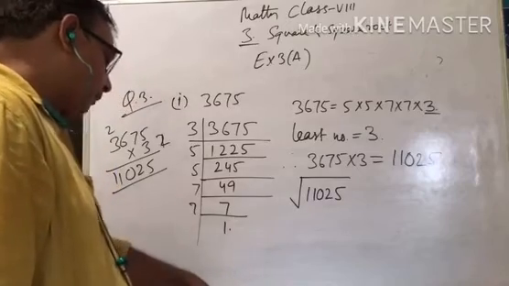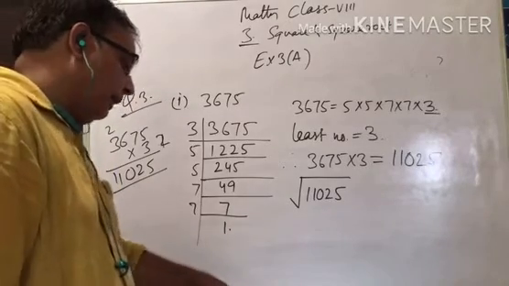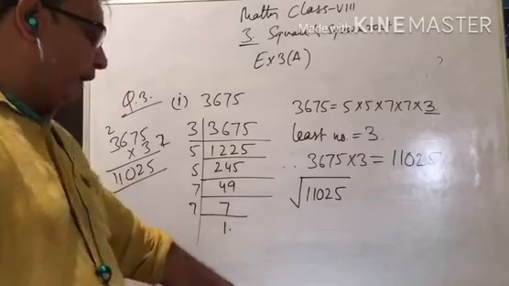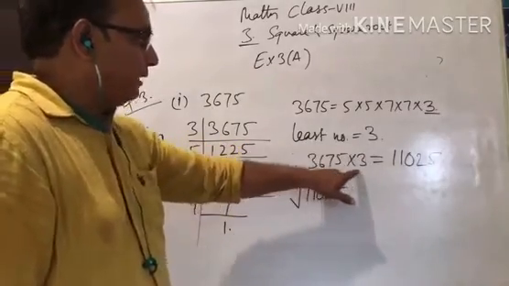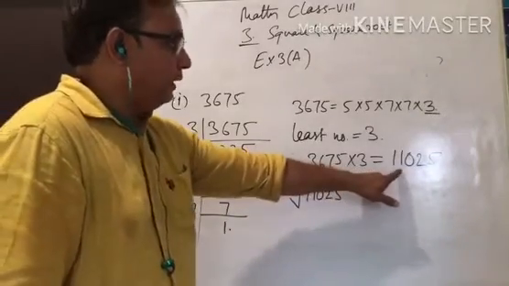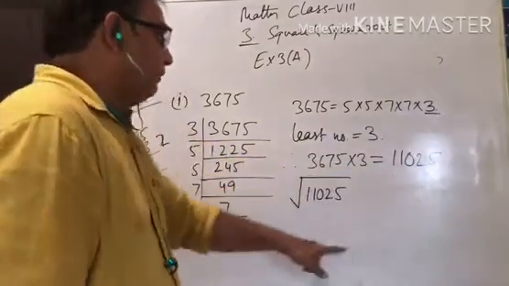By what least number should the given number be multiplied to get a perfect square number? The least number is 3. Now we multiply the given number by 3 and we get 11,025.